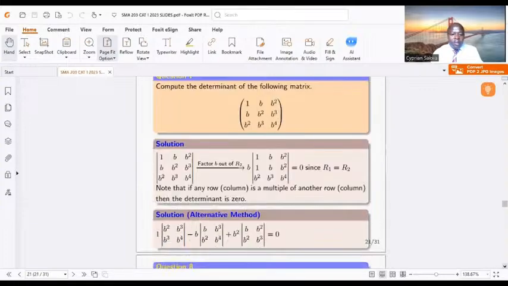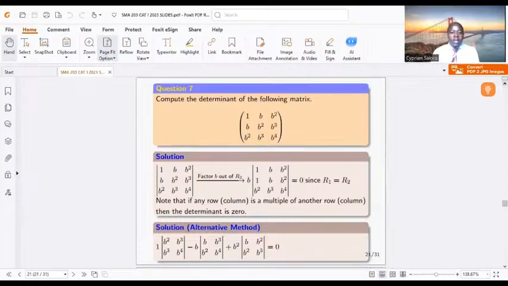Let's look at question 7. Compute the determinant of the following matrix. This is very easy. You look at the relationship of the rows and the columns, and you can see that one row is a factor of the other row. For instance, when you factor 3 out of row 2, you get row 1.